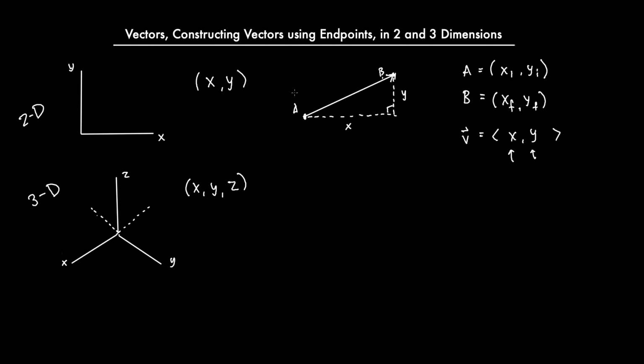So if point A has x initial and y initial as the components of the point, and B has x final and y final as the components of that point, how can we find the components of the vector? Well, it's pretty simple. All we do is take the final point minus the initial point to get the vector.